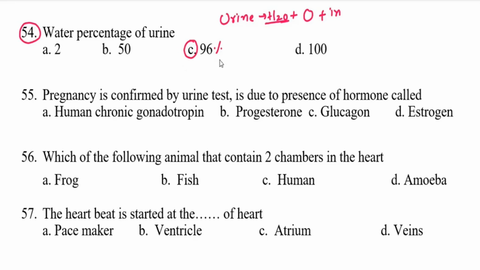Organic material is 2% and inorganic material is 2%, completely 100% of urine. This question was asked in many examinations, so you have to remember it. The percentage of water in the urine. So 2% is not correct, 50 is also not correct, and 100% is not correct. If we were releasing 100% water, there would be no need of kidneys, because kidneys are filtering our blood and forming the urine. Hope you guys understood.